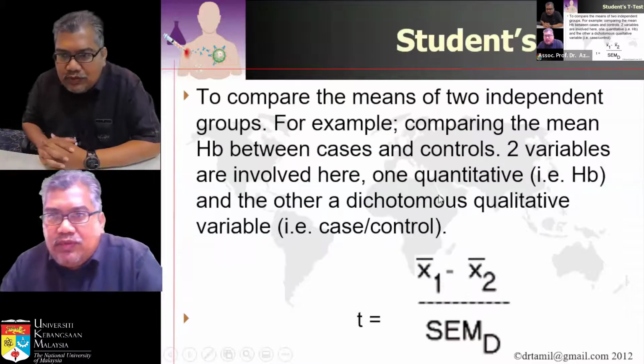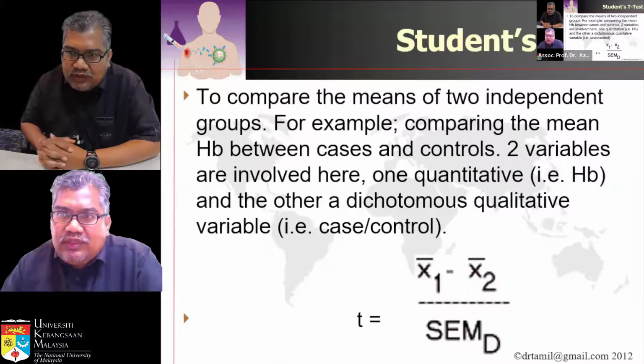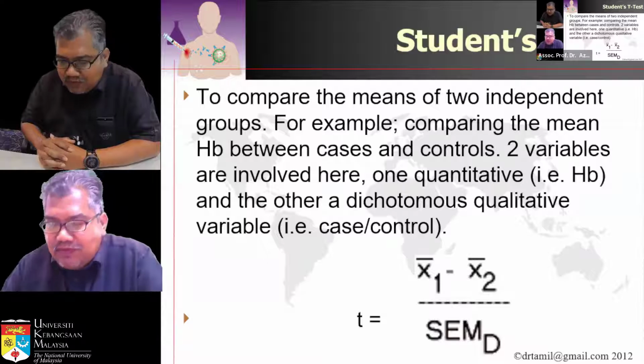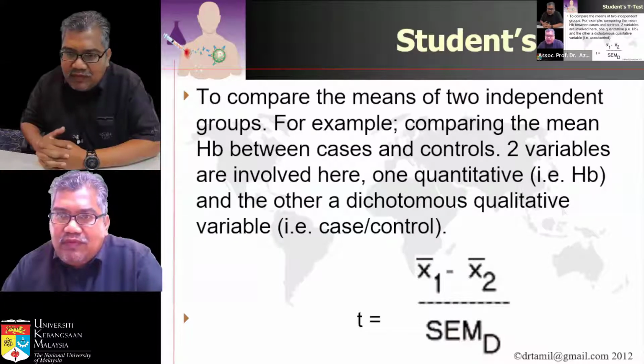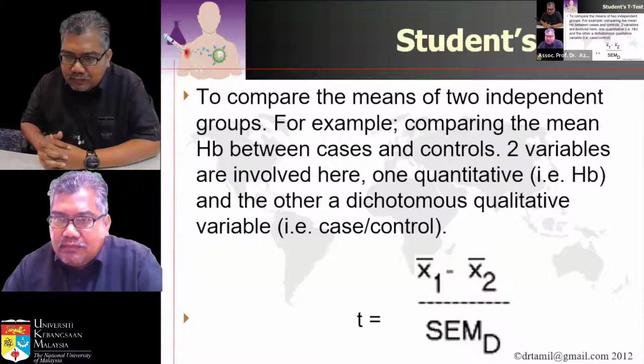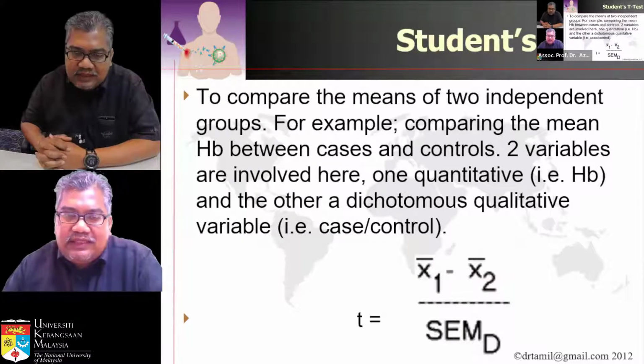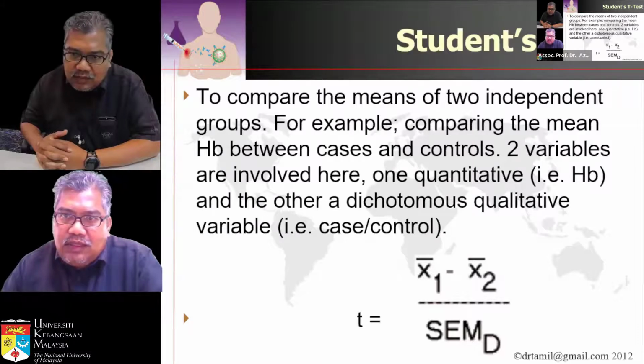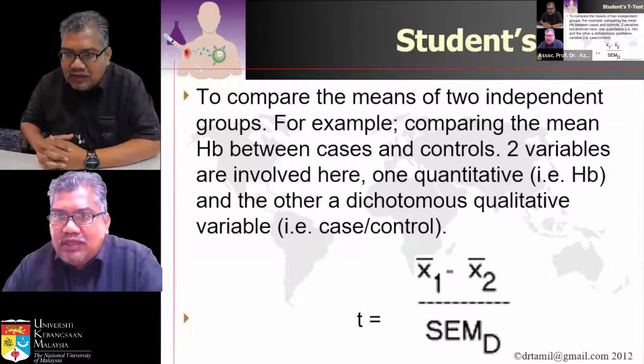So what do we use the student's t-test for? Basically, whenever you have two groups and you have means to compare, then you use a student's t-test. For example, you have two groups of patients. One group was given hematinics and the other group was not given hematinics.